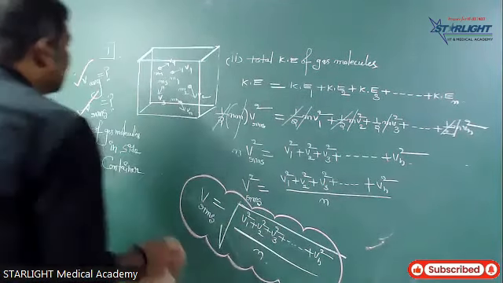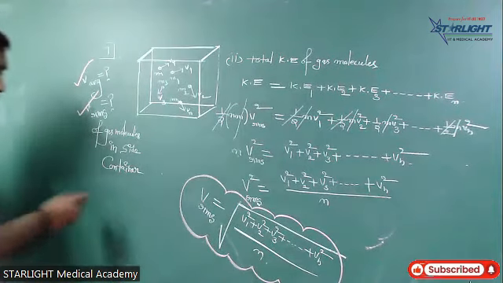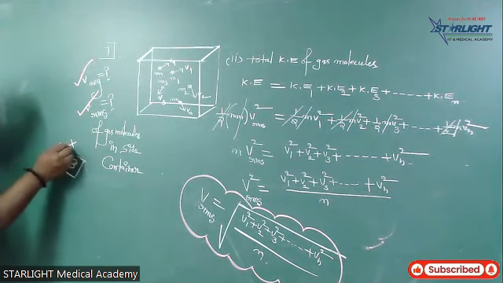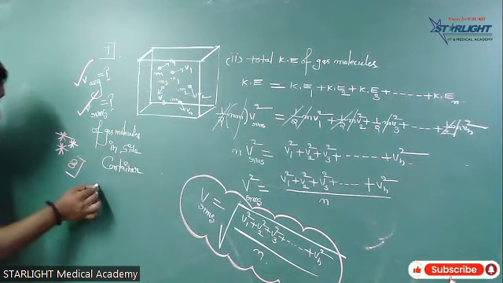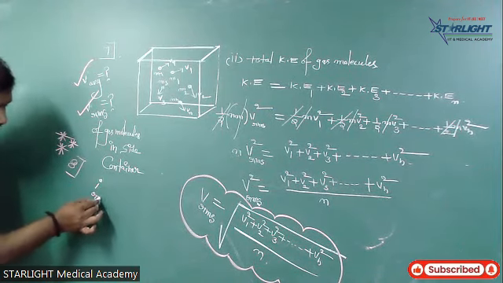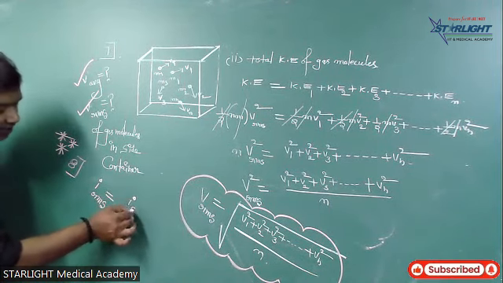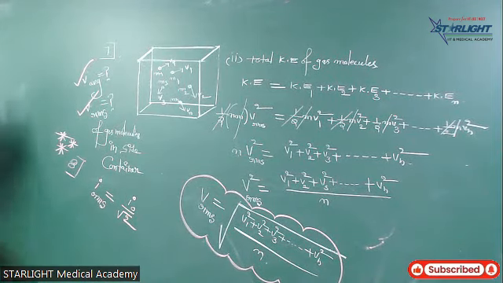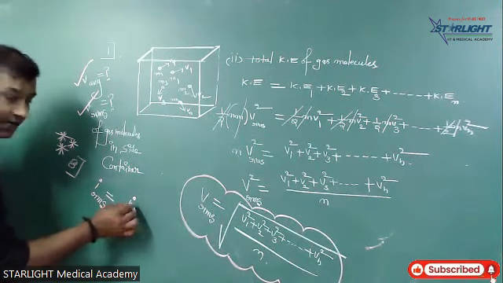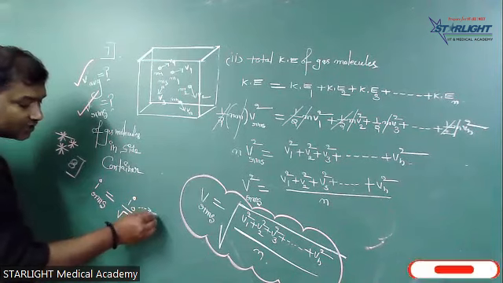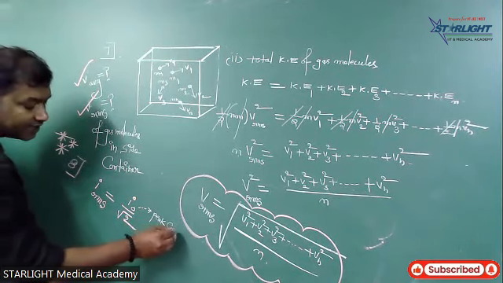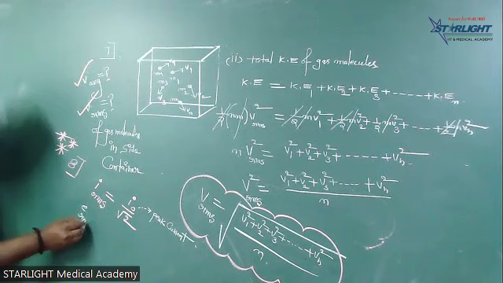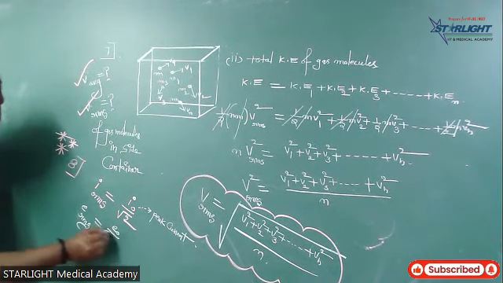Next, the eighth one. Very, very important formulas, so I will tell them here. IRMS is equal to I0 by root 2. This is the formula. You need not do the derivation, just remember it. Here I0 is the peak current, the maximum current. Similarly, ERMS voltage is also E0 upon root 2.